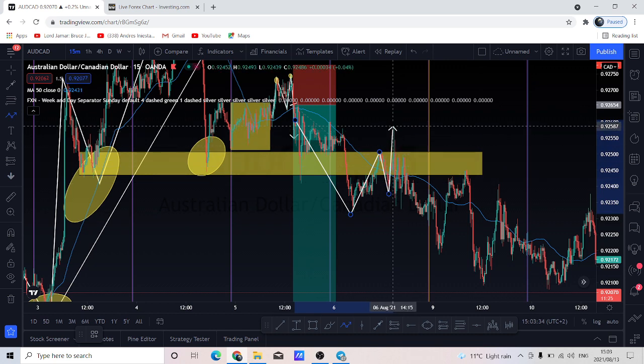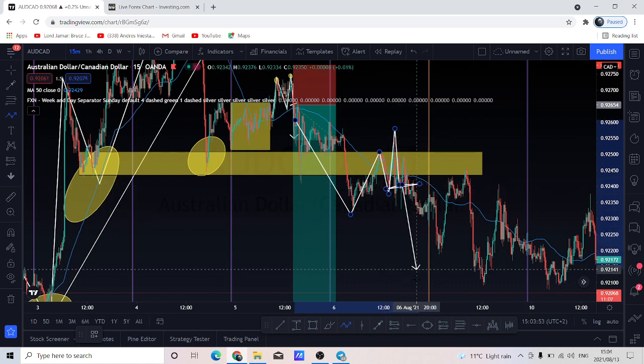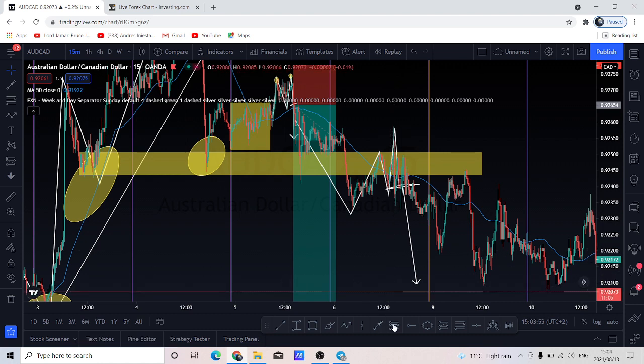The second leg made a spike, but I waited for the spike because I was still waiting for the New York session to complete the M, so that I'll be able to sell after the New York session has completed the M. And then after this, that's when you can decide to sell.